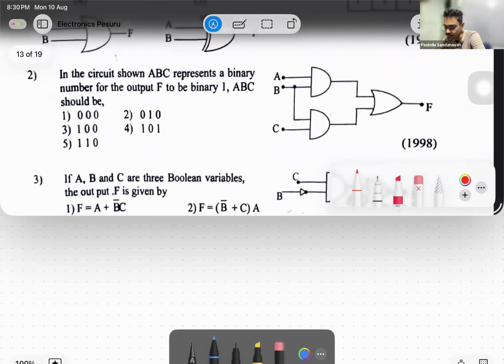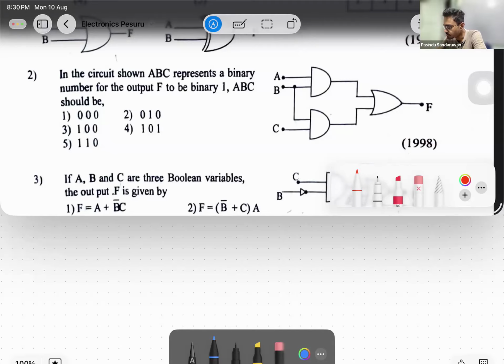Second one, in the circuit shown, ABC represents a binary number for the output F. To be binary 1, ABC should be. In such cases, it is easier to write the output first as a Boolean expression.